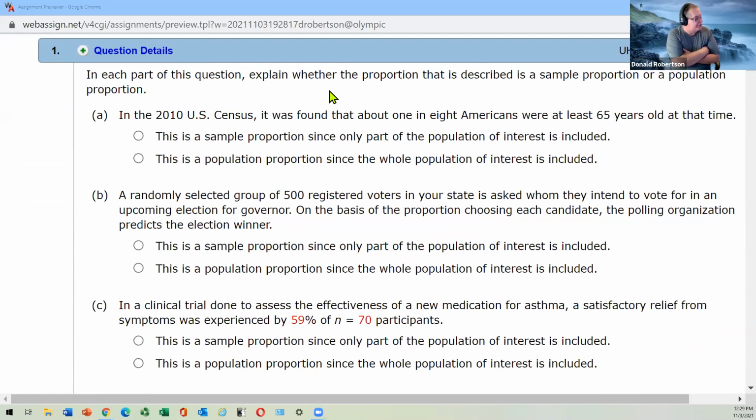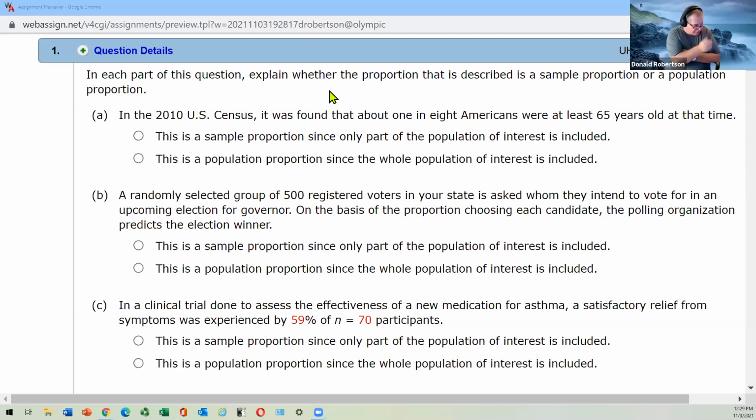Is this a population number, right? In the 2010 United States Census, it was found that about 1 in 8 Americans were at least 65 or older. Is that piece of information a sample proportion? It's a population. You agree?